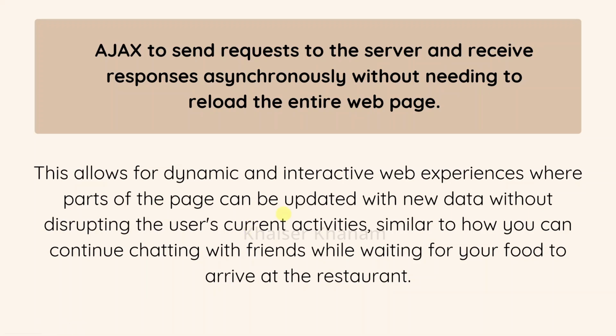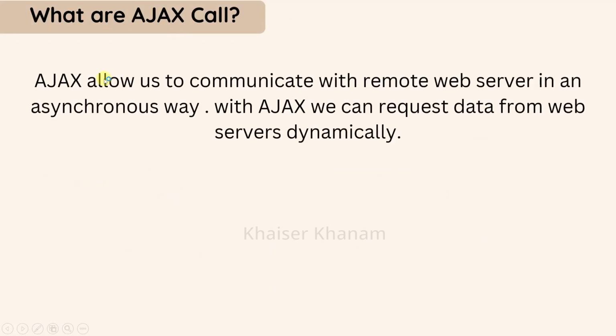In our analogy, until your food arrives, you can chat with your friends, call your mom, call your sister, and continue with other activities. You do not have to wait for the data because the data will come in an asynchronous way. Now let us see what AJAX calls are. They allow us to communicate with remote web servers.